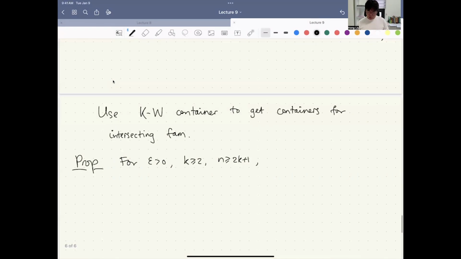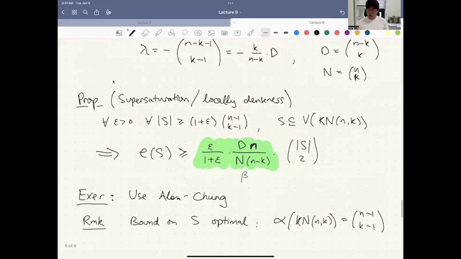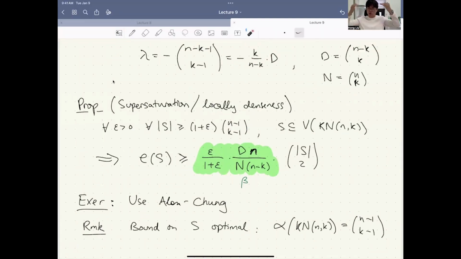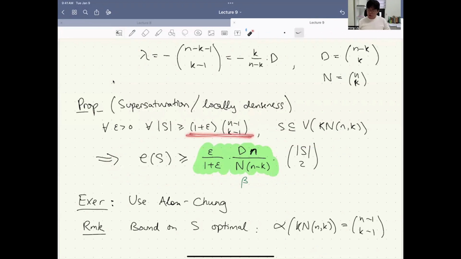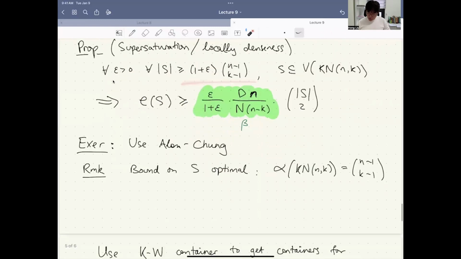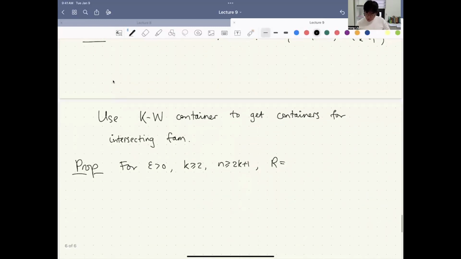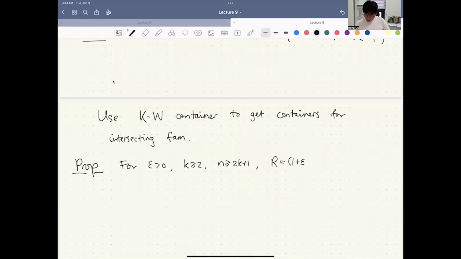We're going to choose R, the supersaturation threshold. R is the threshold above which we have the local denseness. We're going to just set R to be slightly above the independence number, to be this number: 1 plus epsilon times n minus 1 choose k minus 1.